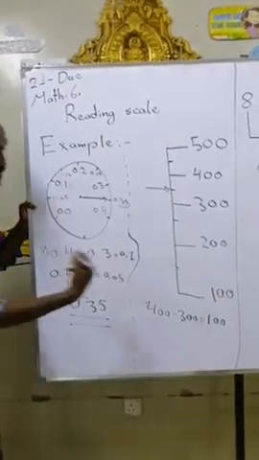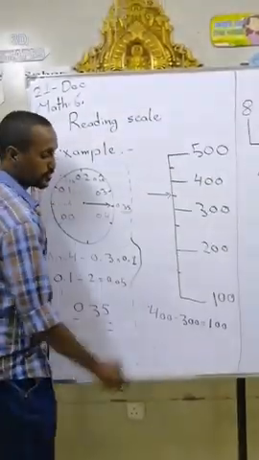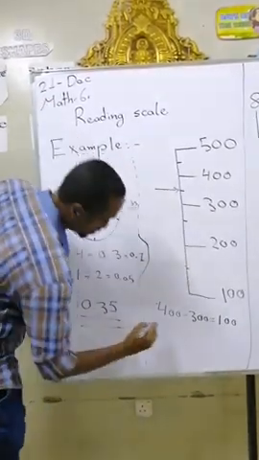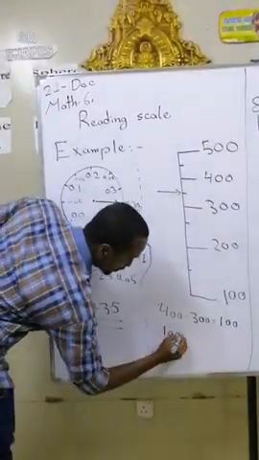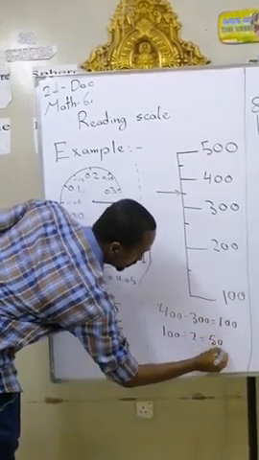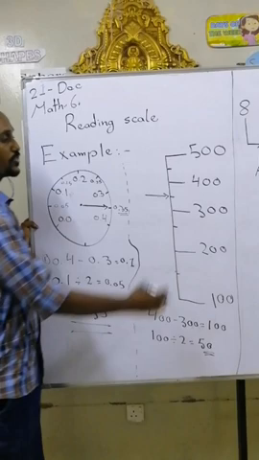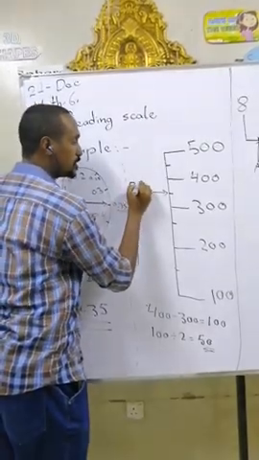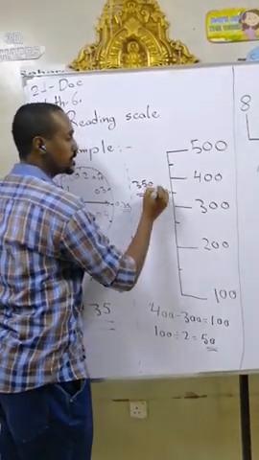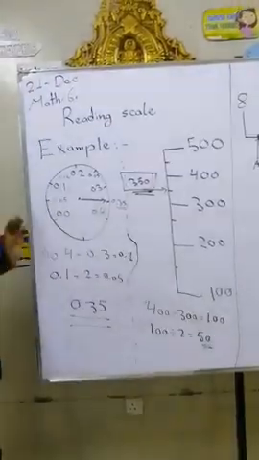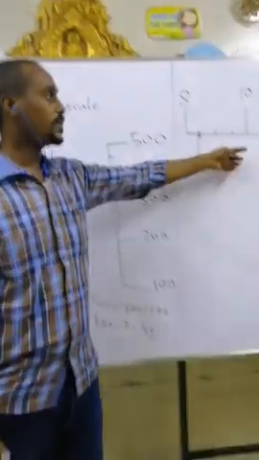And in this step, divide by the number of the spaces between 400 and 300: 1, 2. We have two spaces. So it will be 100 divided by 2 equals 50. So after 300, you're going to add 50. It will be 350. The answer is 350.